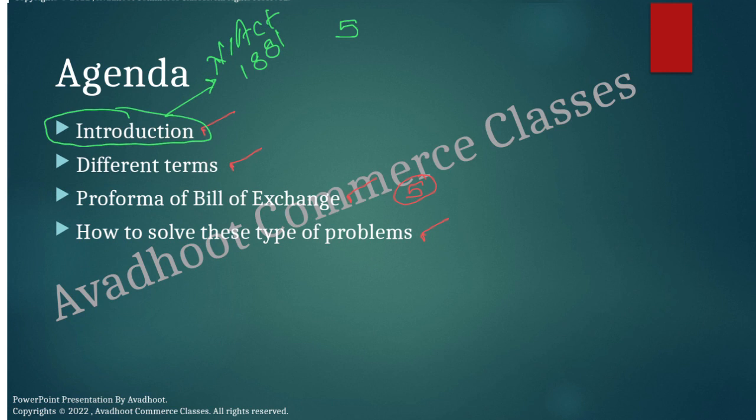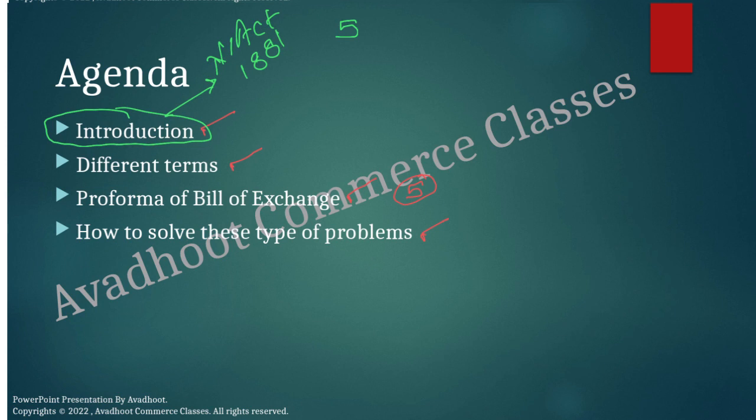What does it give? A bill of exchange is an instrument in writing. It should be in writing. An oral instrument is not allowed. Containing an unconditional order: there should not be any condition to fulfill that transaction. It should be signed by the maker, the person who prepares it, who draws it.